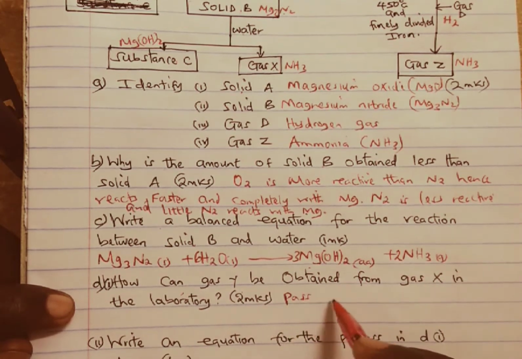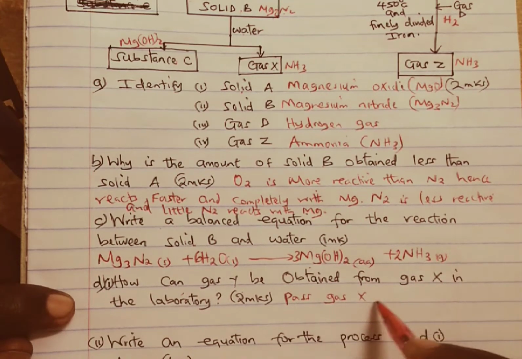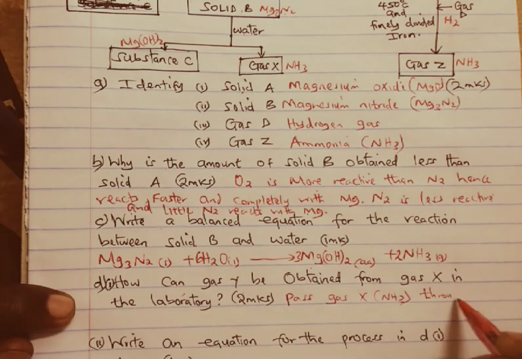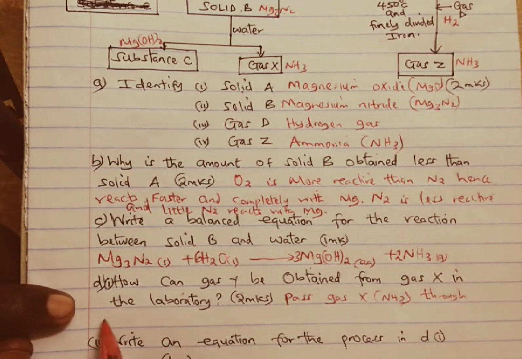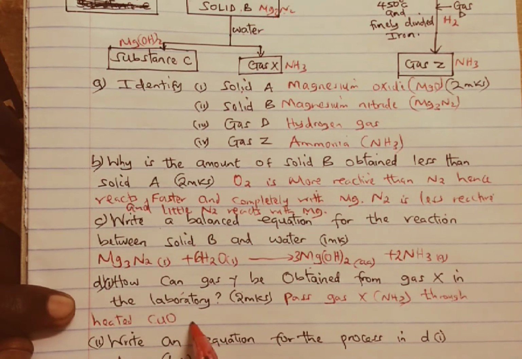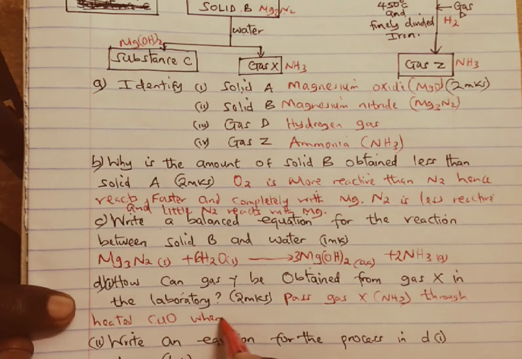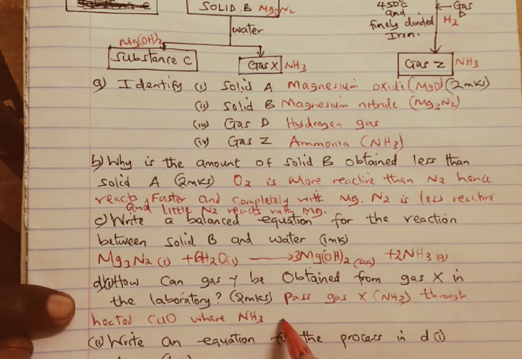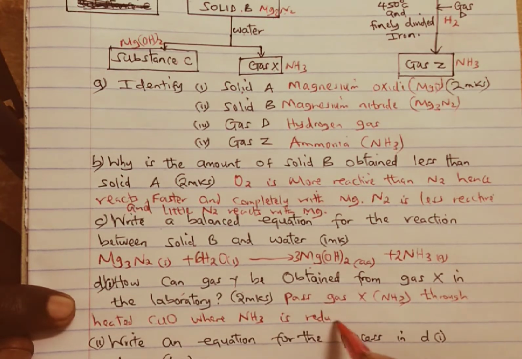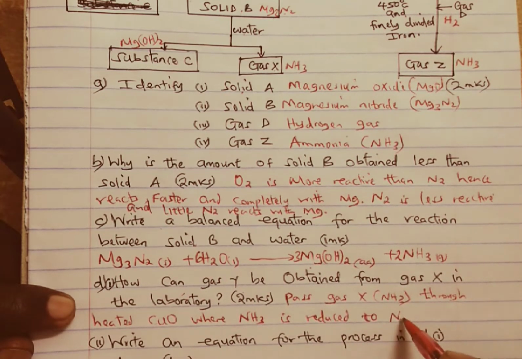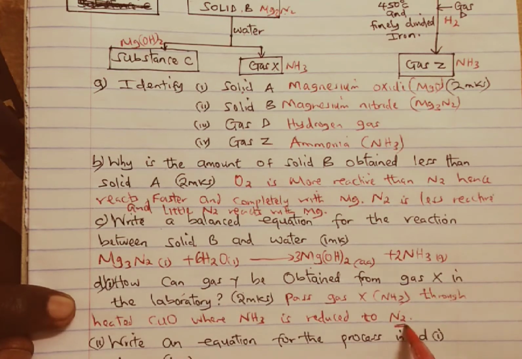Pass gas X, that is ammonia gas, through heated copper 2 oxide, where ammonia is reduced to nitrogen gas, and this is the gas we are looking for.